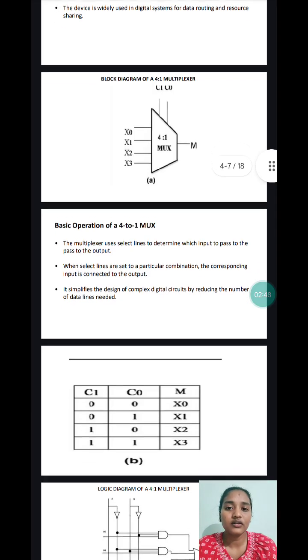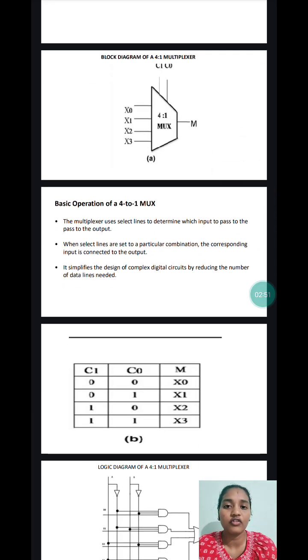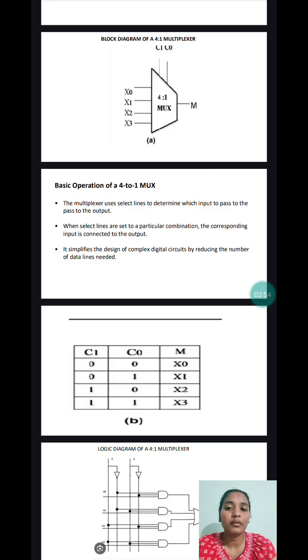You can observe the block diagram of a 4 is to 1 multiplexer. Previously I said that it has four inputs, one output and two select lines. You can see that in the 4 is to 1 mux, x0, x1, x2, x3 are the inputs. C1 and C0 are the two select lines, and M is the output.